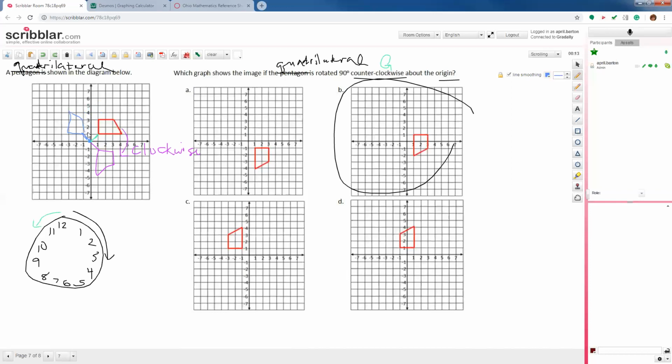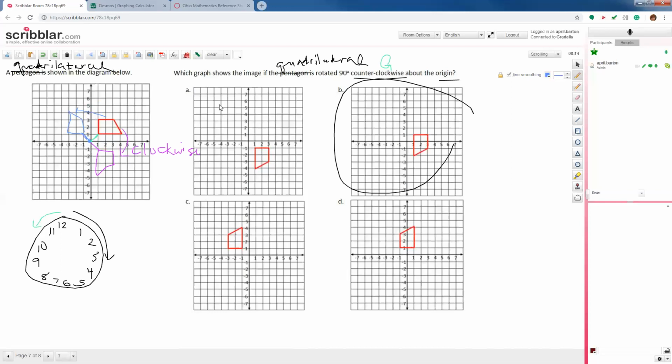Does that make sense for the rotation? These, like I said, these ones are. Yeah, just flipped it up off its side, it looks like. Yeah. Well, it didn't just flip it because D also just flipped it up off its side. It flipped it and left that space from the center to that corner. Yeah.